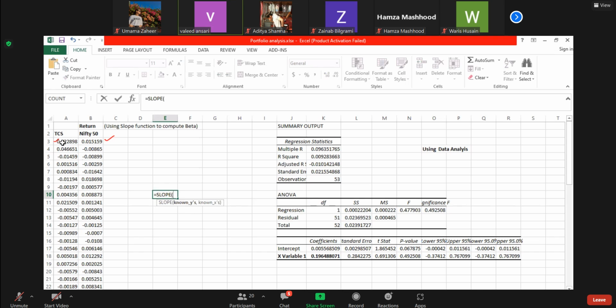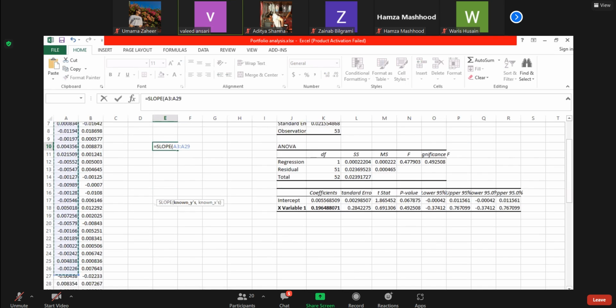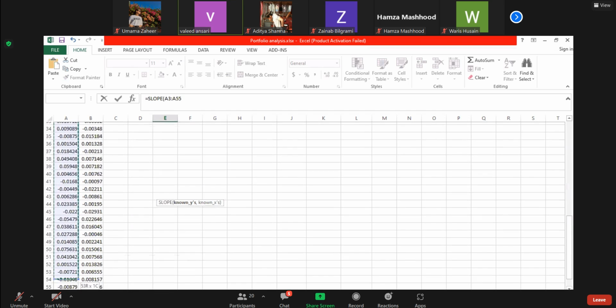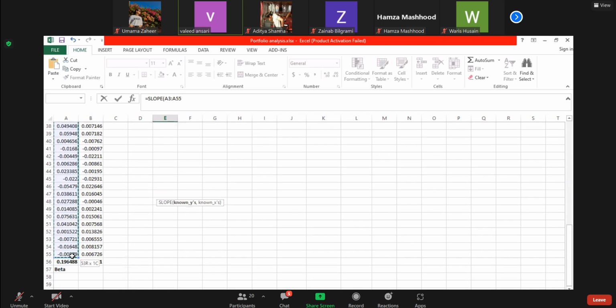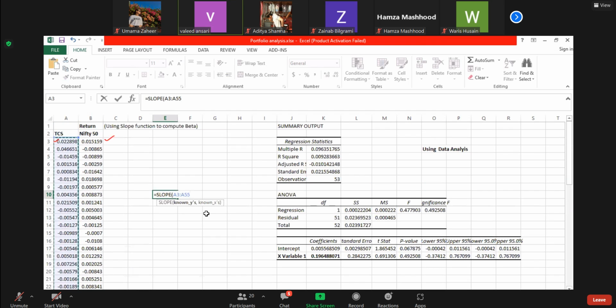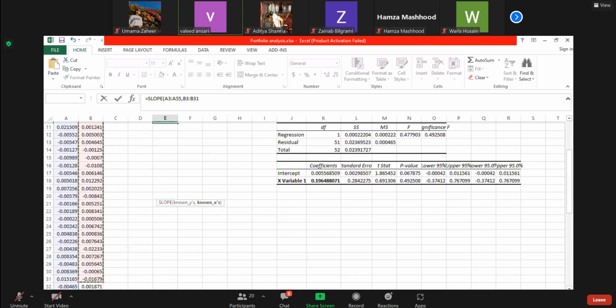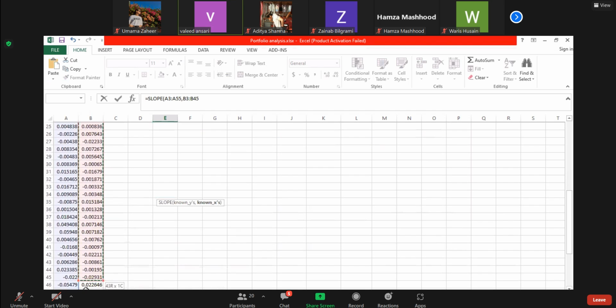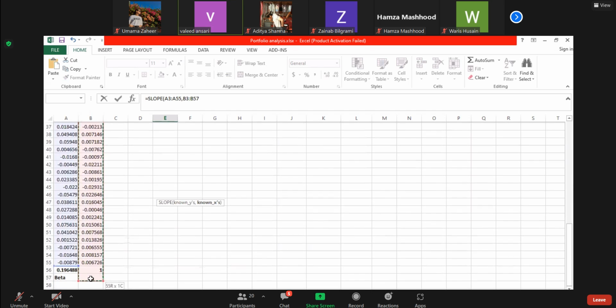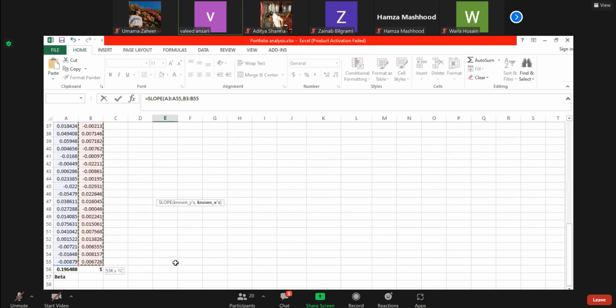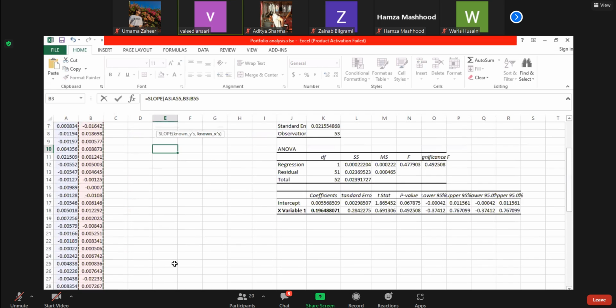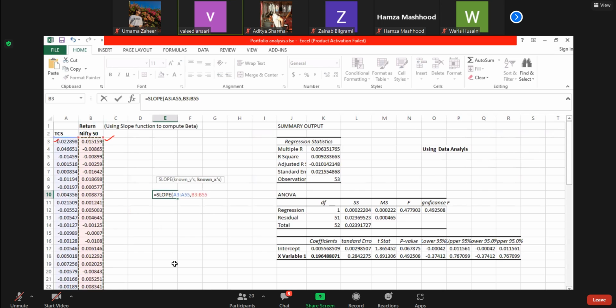So just show the entire range up to here, comma, and you can also type it here or just drag it up to, and close the bracket.